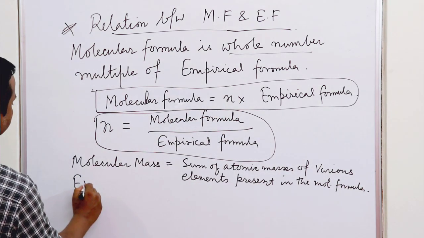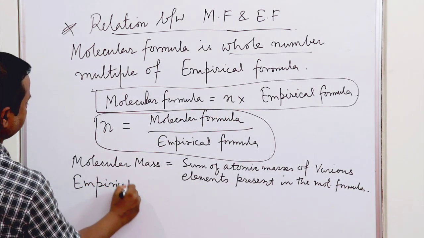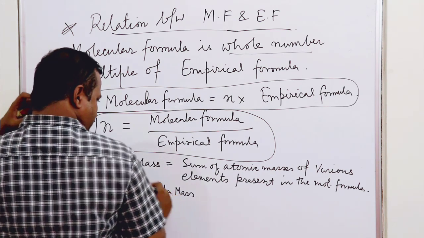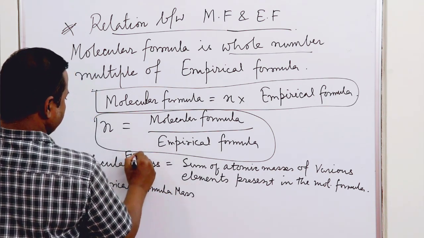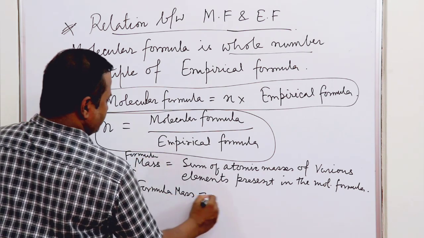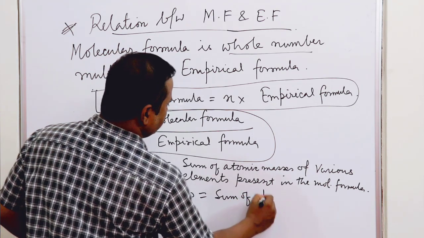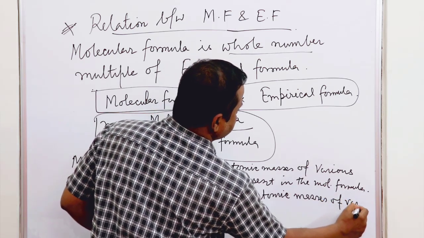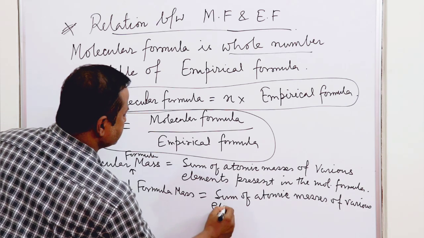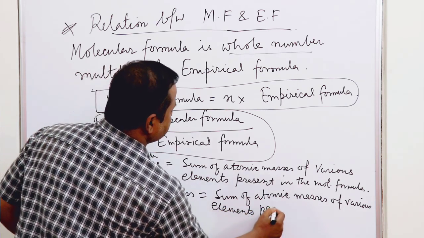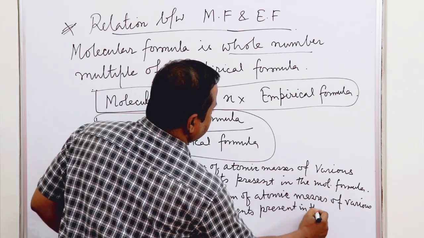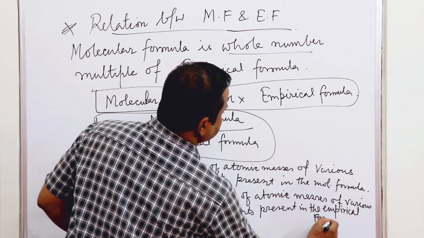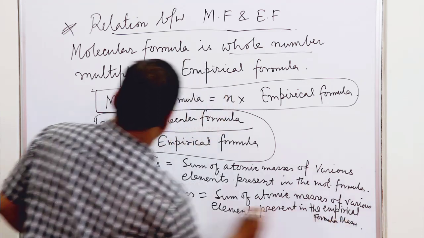Similarly, empirical formula mass we can write here is equal to the sum of atomic masses of various elements present in the empirical formula. So this you must know.